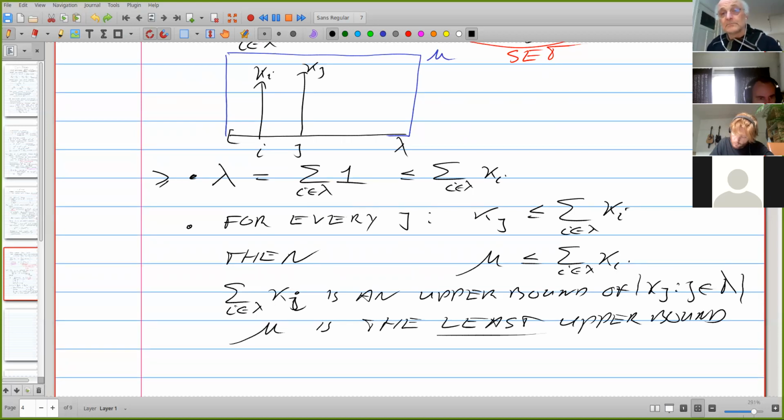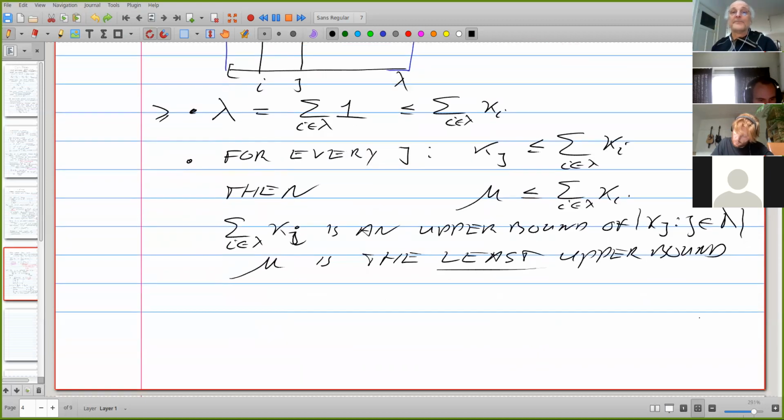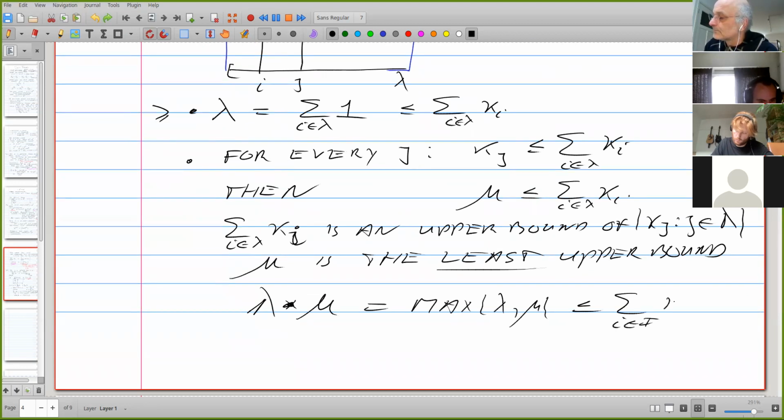We have an upper bound and we have a least upper bound. Well, the least upper bound is less than or equal to the upper bound. And there we have it. Because now we see that lambda times mu, which happens to be the maximum of the two, is less than or equal to the sum of the kappa i. This even works if lambda is infinite, mu could be finite, but then still lambda times mu is the maximum of lambda and mu. And there we have it.